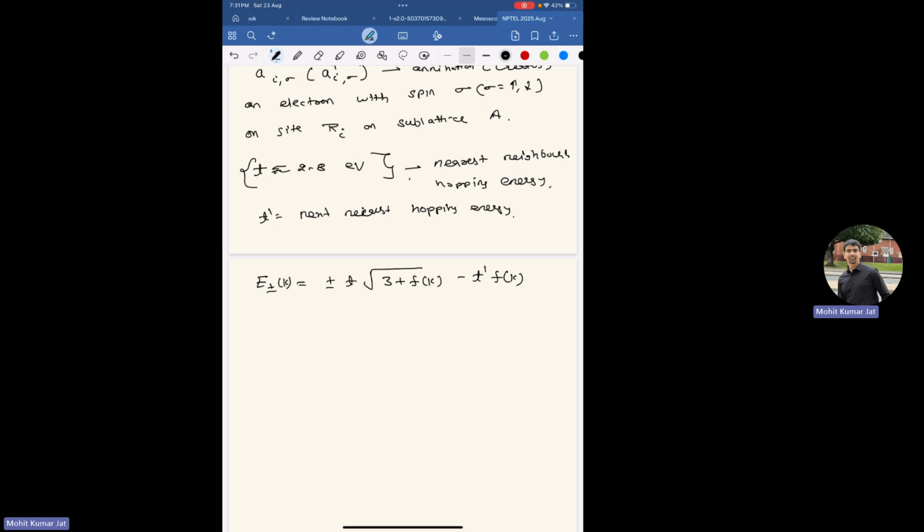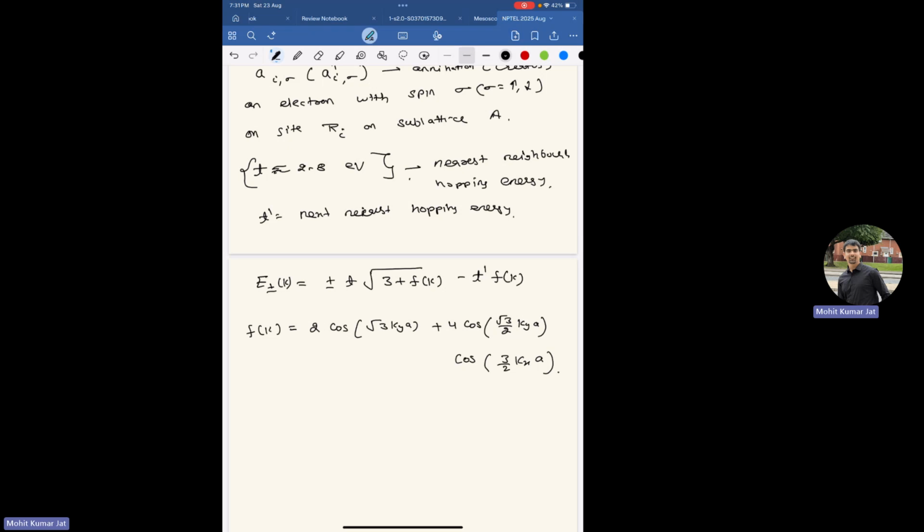And where f(k) is nothing but 2 cosine root 3 k_y a plus 4 cosine root 3 by 2 k_y a multiplied by cos 3 by 2 k_x a.